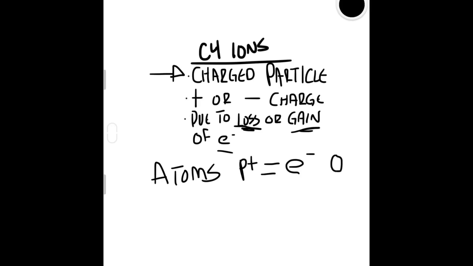So it doesn't have a positive or negative charge. With ions, because you're changing the number of electrons, your proton number won't change, so you're just changing your number of electrons. They will no longer be the same. So your overall charge can be positive or negative, depending on if you've gained or lost electrons.